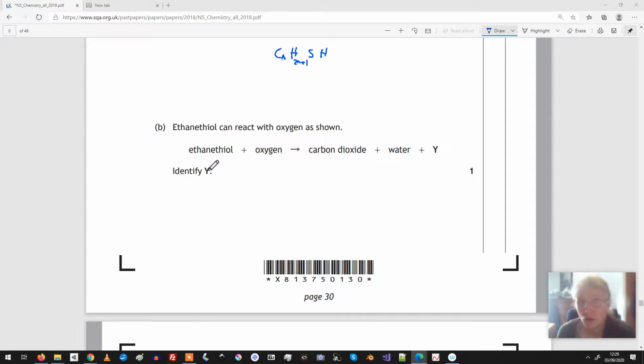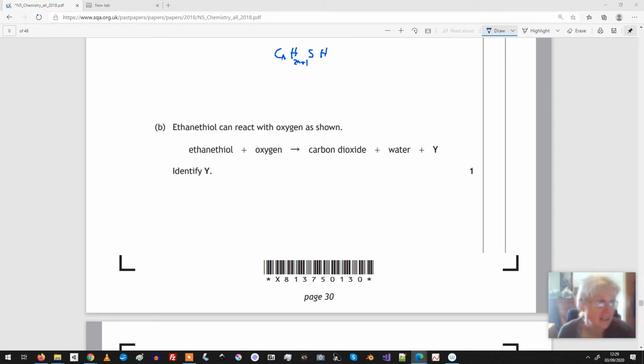And you should also know that the combustion of a hydrocarbon produces carbon dioxide and water. So here we have a fuel that's got sulfur in it, plus oxygen goes to carbon dioxide and water and sulfur dioxide. That's always your acid rain gas that comes when there are sulfur impurities in a fuel.